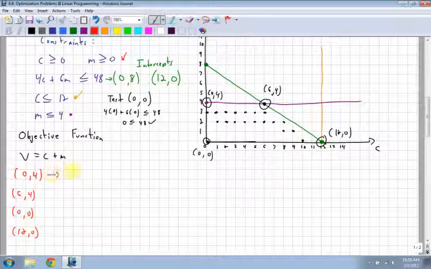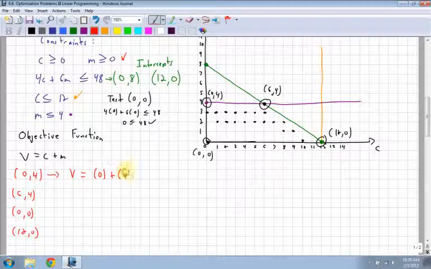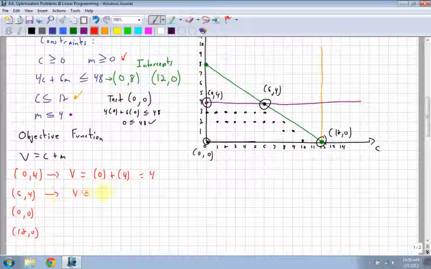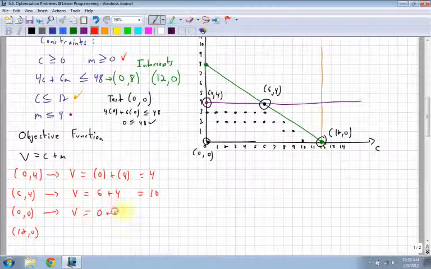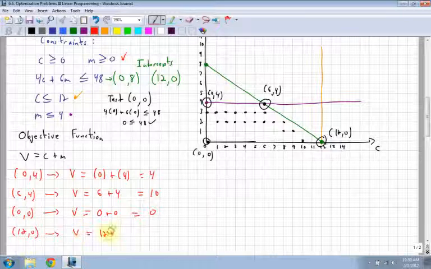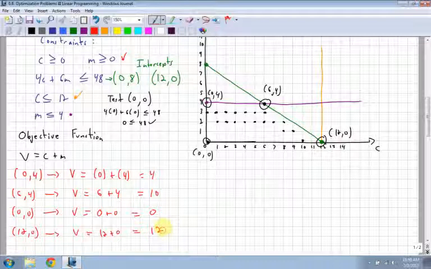So, first one, v is equal to 0 plus 4, which is 4. Next one I have is 6 plus 4, which is 10. This one is an easy objective function. Next one I have is 0 plus 0, which is 0. And the last one I have is 12 plus 0, which is 12.